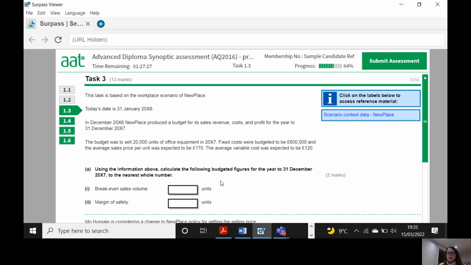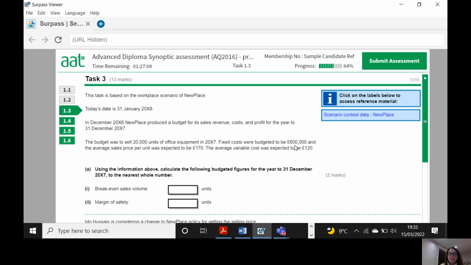So the break-even formula is fixed costs divided by the contribution per unit. The contribution per unit is selling price subtract variable costs, so 170 subtract 120, that's 50.